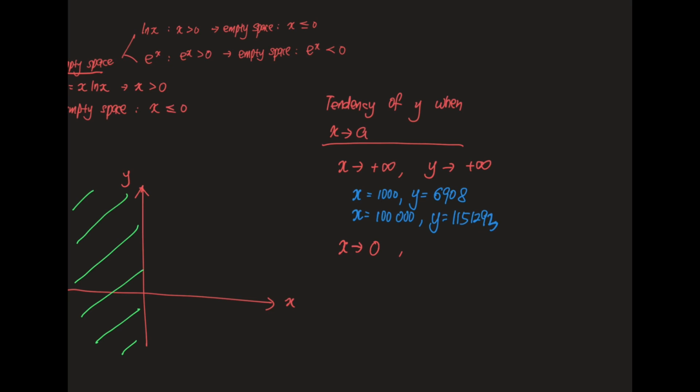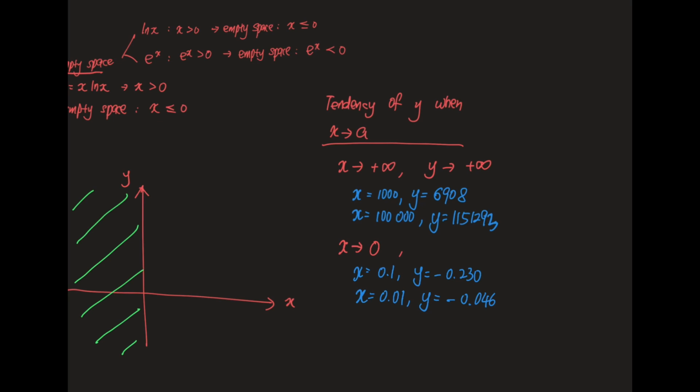Let's say I try x equal to 0.1. I get that my y is negative 0.230. Okay, I make it closer. I let x equal to 0.01. Then I get that my y is negative 0.046.